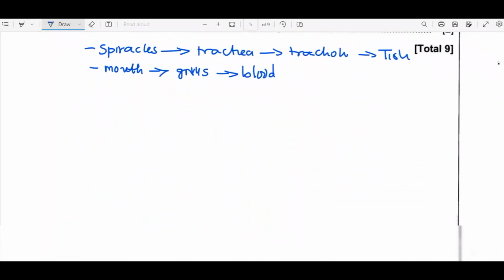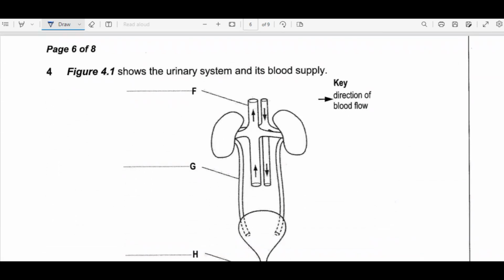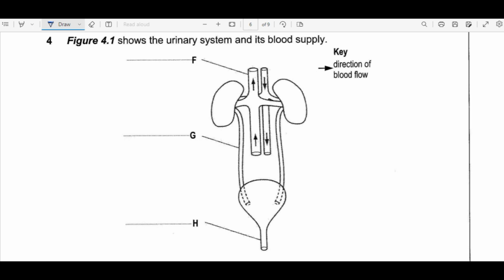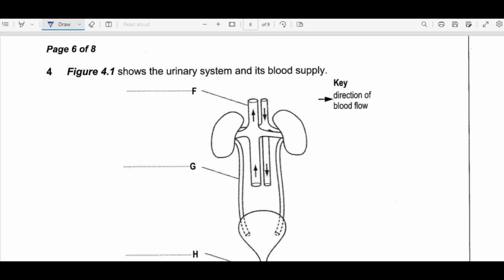We move on to question 4. Figure 4.1 shows the urinary system and its blood supply. So on figure 4.1, label structures F, G, and H. So F is just the blood vessel that is collecting blood from the parts of the body to the heart.